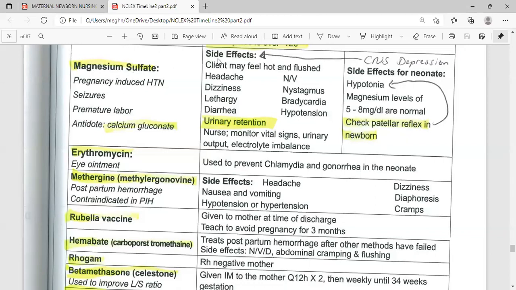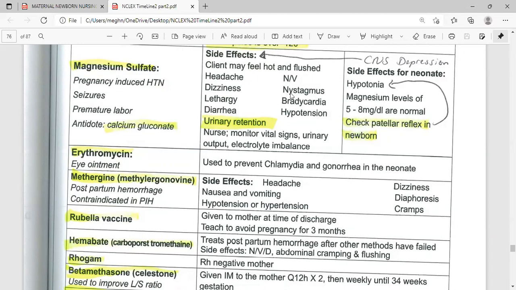Magnesium sulfate has some side effects: the client may feel hot and flushed, headache, dizziness, lethargy, nausea and vomiting, and diarrhea.